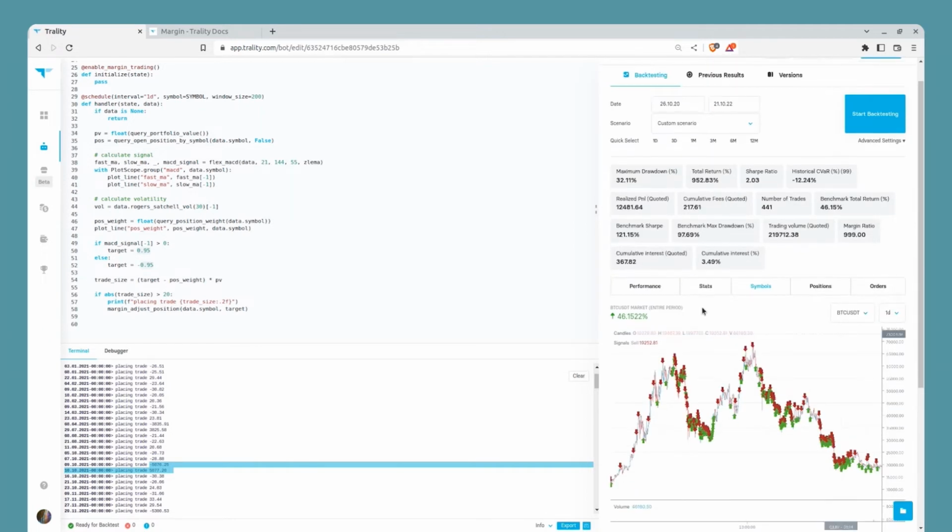There's a couple of things I also wanted to mention. The reason we can see lots and lots of trades here is because we're trying to set a certain target weight. In long positions, when you're making profit, you're no longer achieving that target weight, so it's trying to sell off some of that excess position.